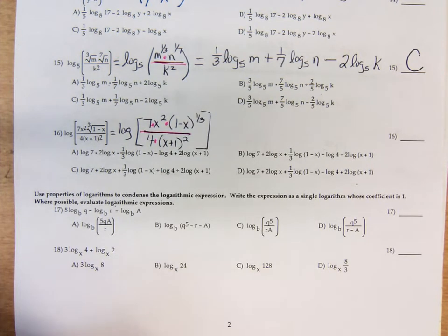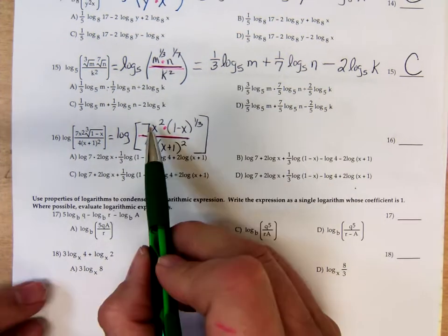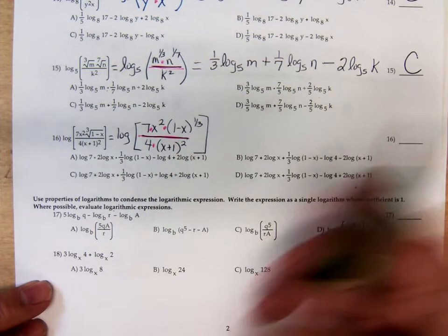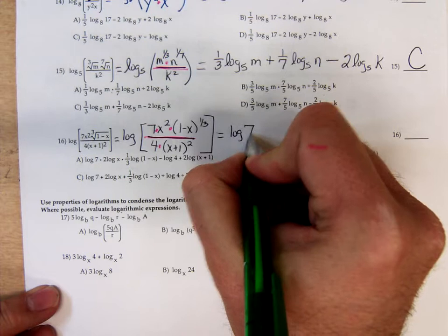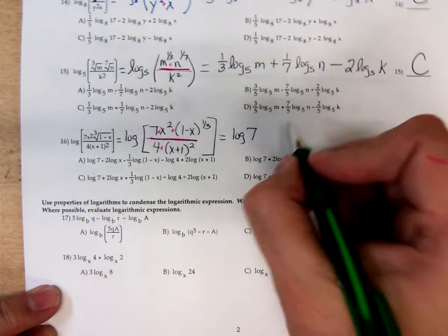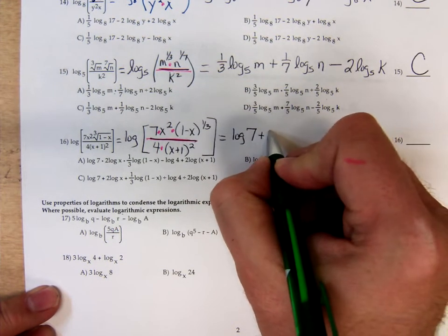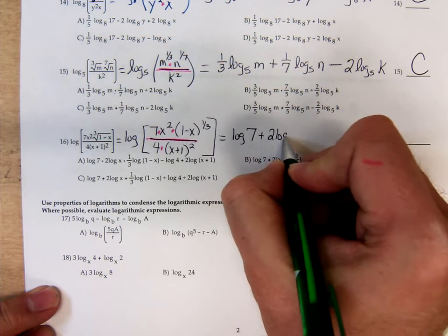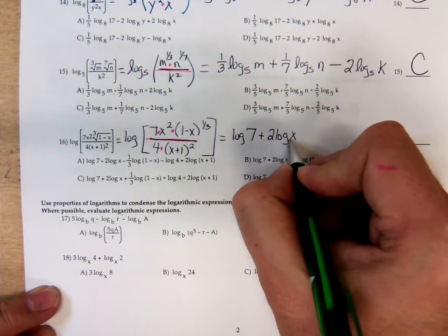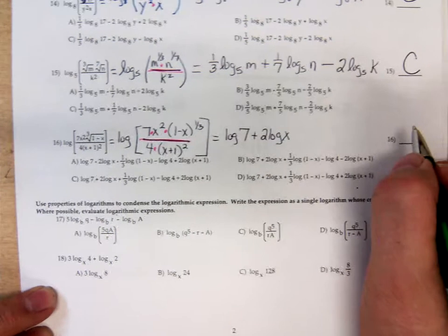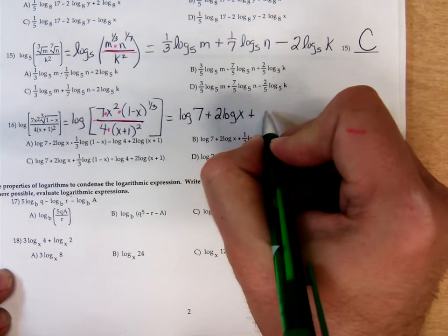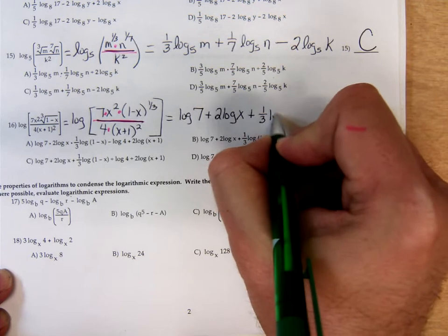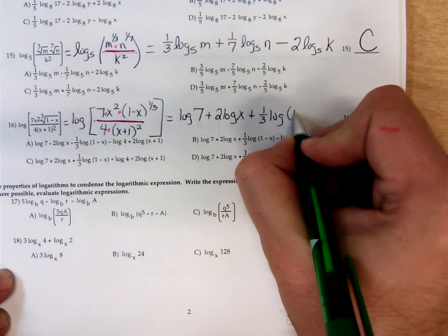And now I'm ready to, so I'm going to separate it into 1, 2, 3, 4, 5 logarithms. So there's not an exponent on the first one, so I just write log 7, then a plus, because it's on top, 2 log x. Notice how you put the exponent in front of the letter L. Then another plus, 1/3 log 1 minus x.